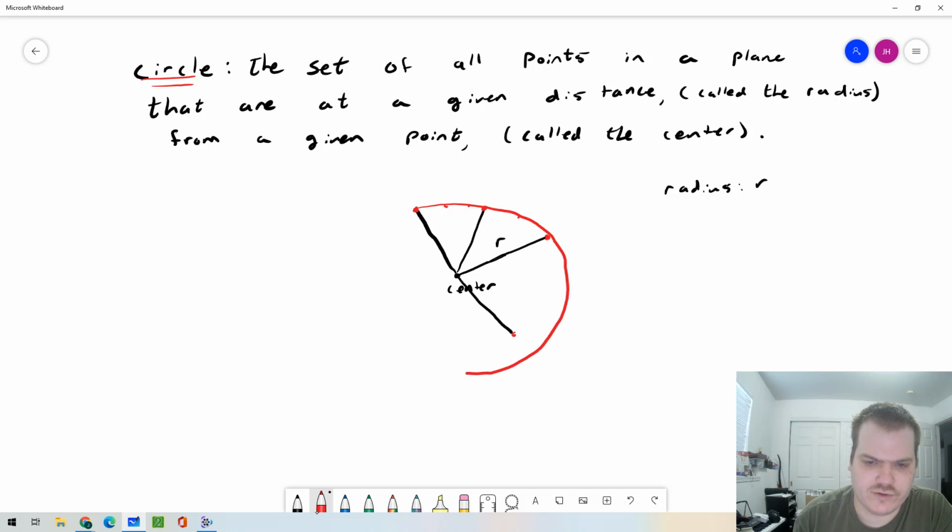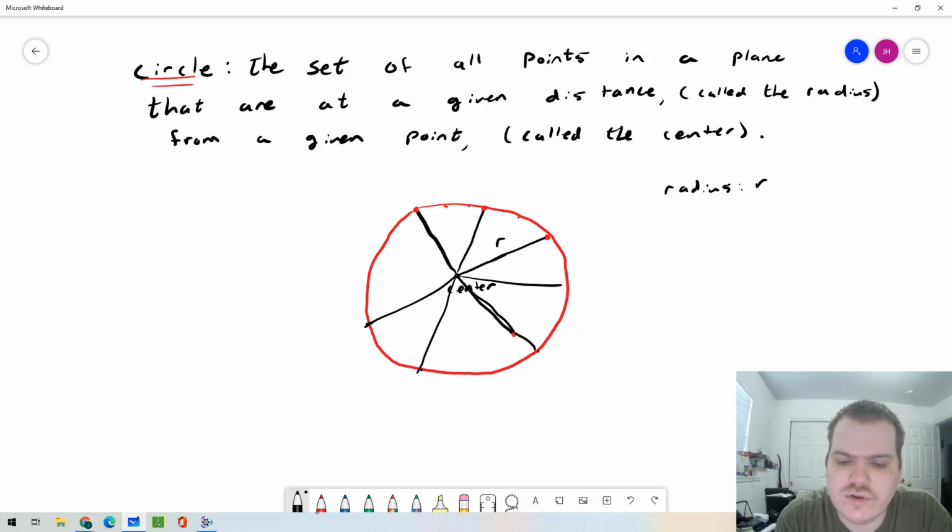I'm going to try to make this even as best as I can. But imagine that this spot is even. Anywhere I go, this spot would be r, and this spot would be r. Looks like I'm off a little bit, but each one of these spots is an equal distance away. So anything that's on that red is going to be a point in the circle.